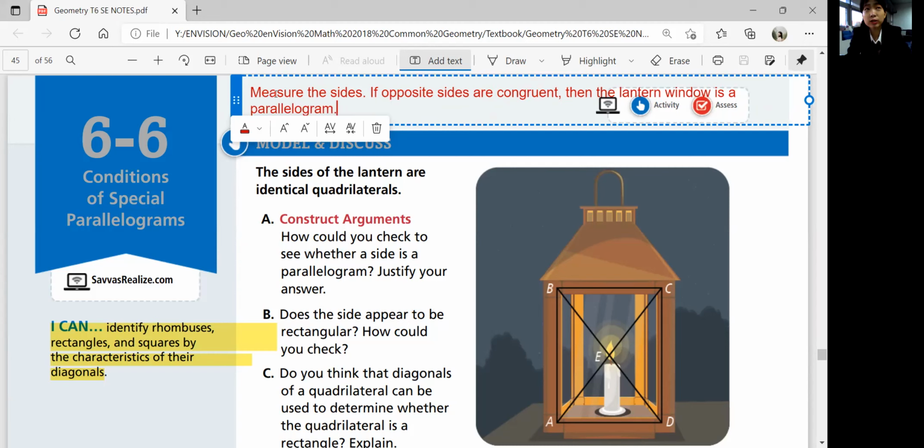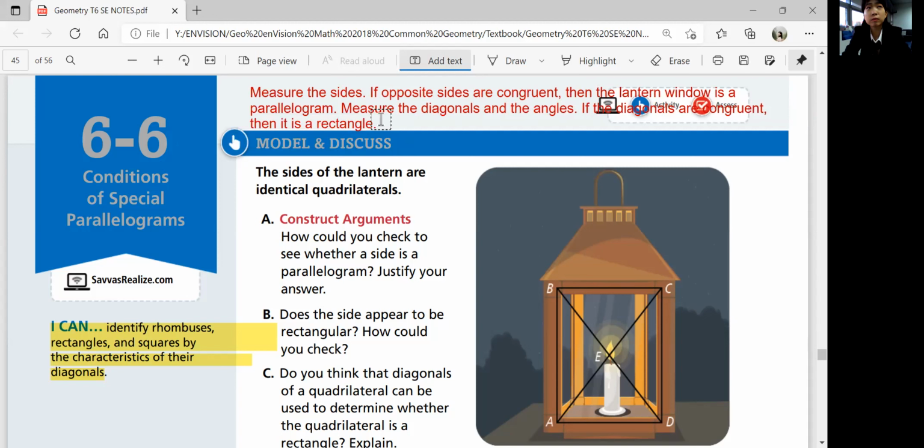You could also measure the diagonals and the angles. If the diagonals are congruent, it is a rectangle, right?